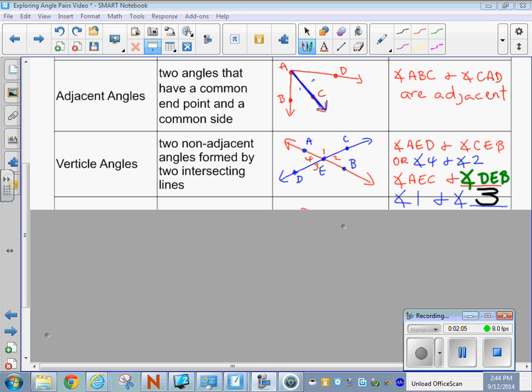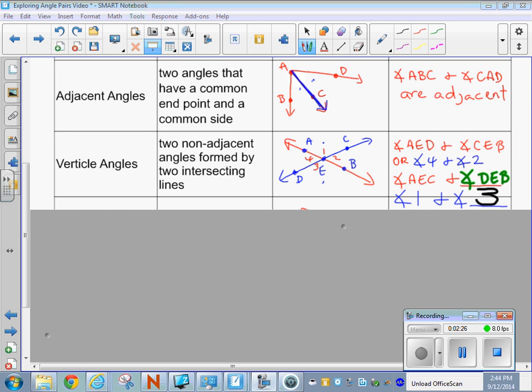I'm moving. Vertical angles: two non-adjacent angles formed by two intersecting lines. So you write that and you're like, what? This is what I want you to know. Over in the picture, you'll see angle 1 and angle 3. When I call them vertical angles, most people think it's because they're up and down. That's not what they're about.